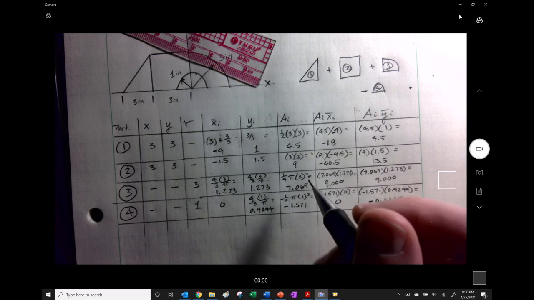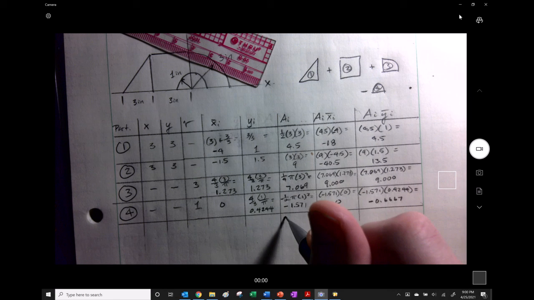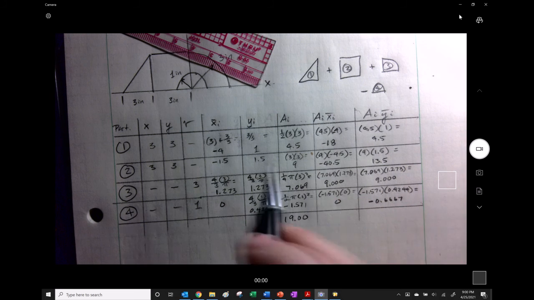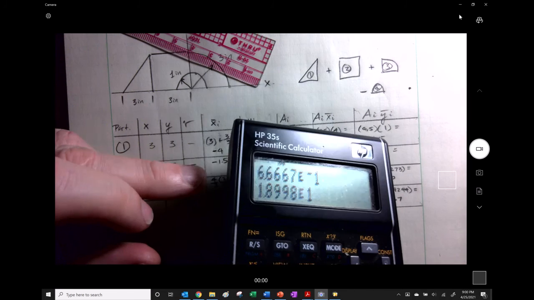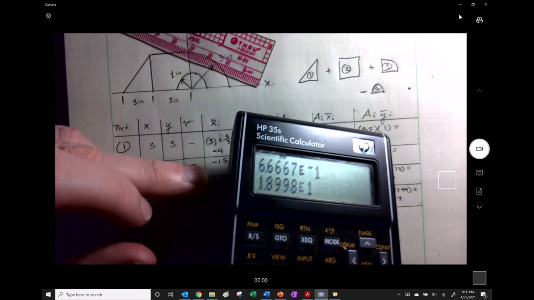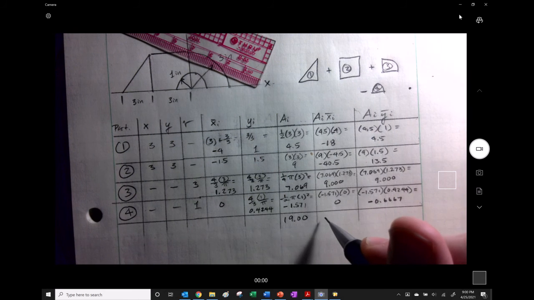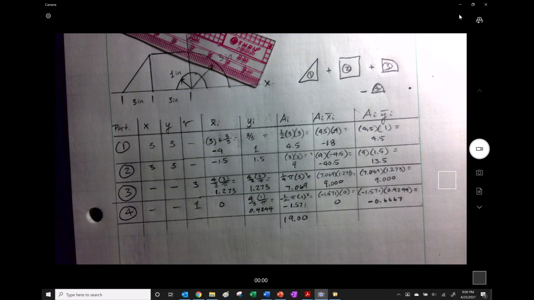So we get almost exactly 19. Yeah, it looks like 19. What I got was 18.998, but I'm only going to go to 4 sig figs here.